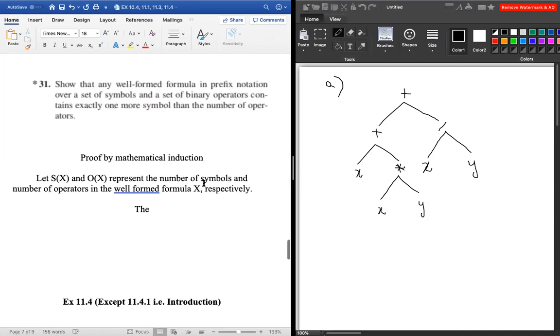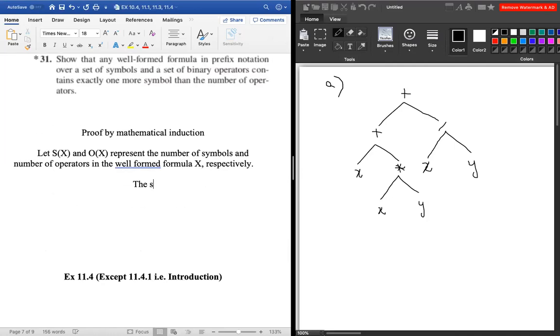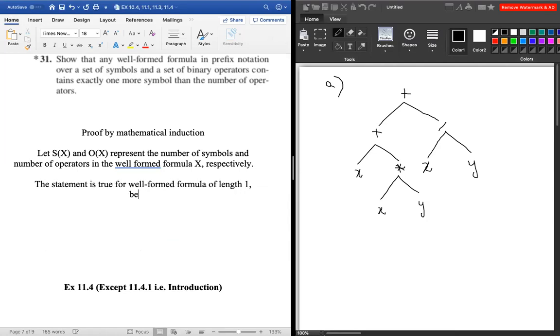Now, this statement is true for a well-formed formula of length 1. We already know because they have one symbol and 0 operators.